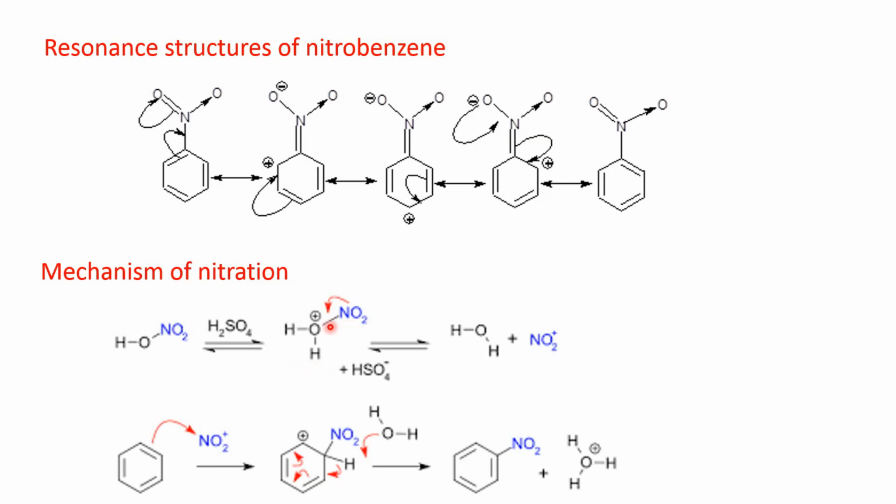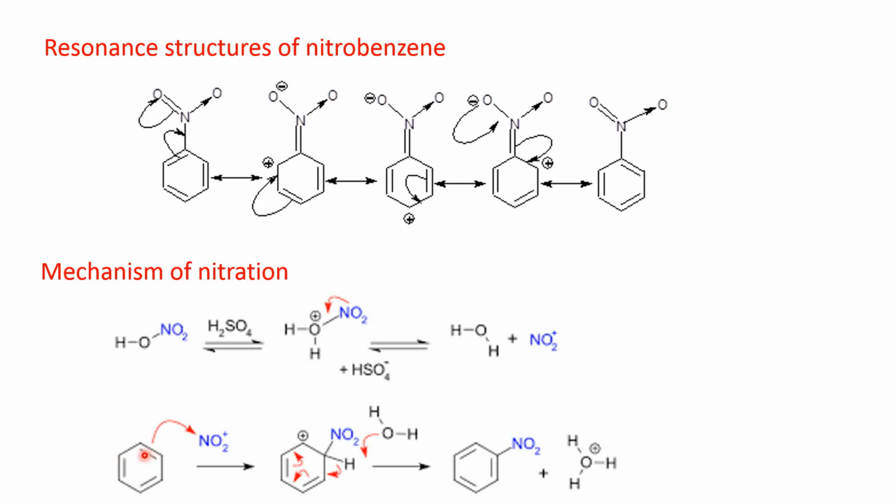Then this bonded electron pair shifts here because oxygen is positively charged, and we get NO2 plus, which is the electrophile. So the first step is the generation of the electrophile. The second step is attack by the electrophile and formation of a resonance stabilized cation, and then finally the product forms.